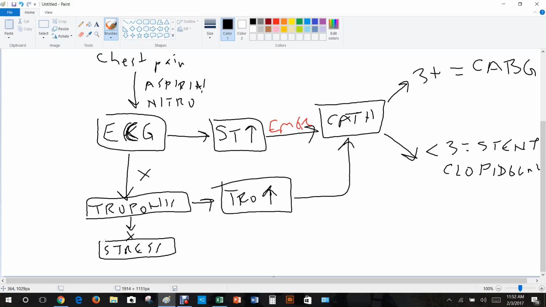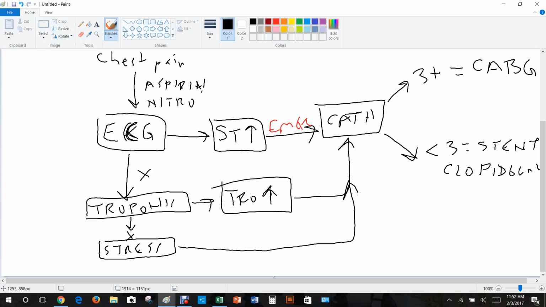Like, let's say they've got a broken leg, or an amputation, or they're so obese they can't walk, or something like that. You either do the pharmacological stress test, or you do an actual physical treadmill stress test. Now, if that does elicit pain, then guess what? They've got to go to the cath lab. They've got heart problems. And if not, then we're just going to monitor them. It's not something you need to send to the cath lab for.